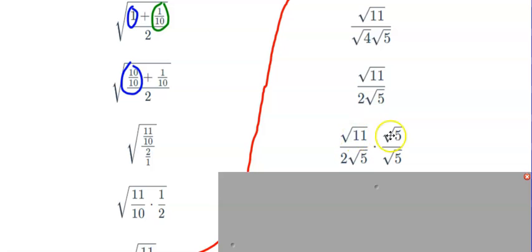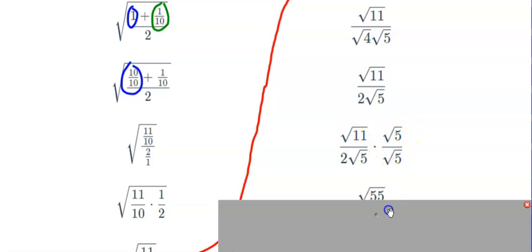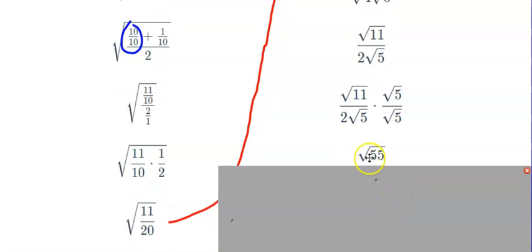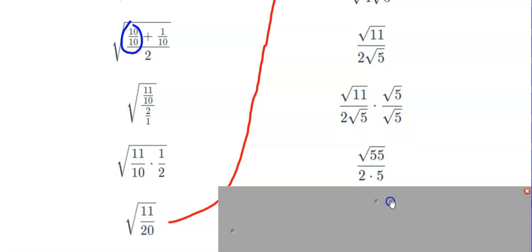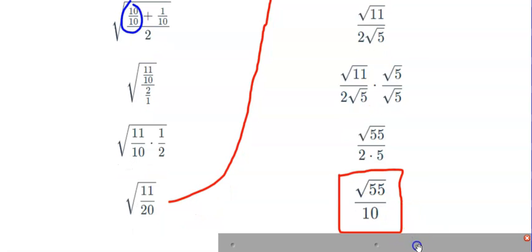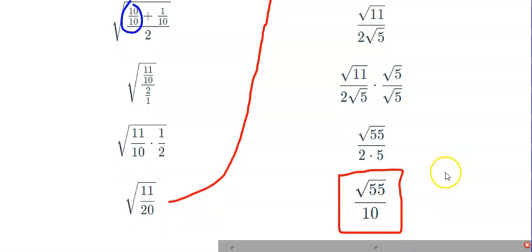In the numerator, you just multiply the two square root values together, so you multiply 11 with 5 to get square root of 55. As for the denominator, the square root of 5 times the square root of 5 reduces itself to just 5, so it's 2 times 5. And then you get square root of 55 over 10. And that's the final answer to this problem.